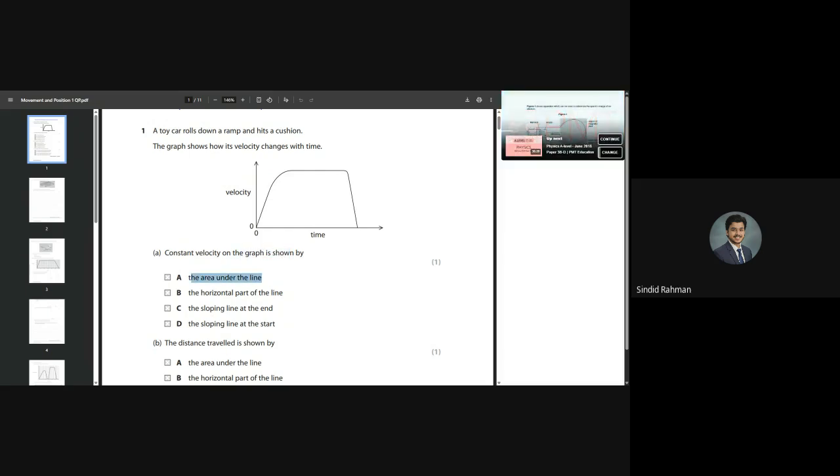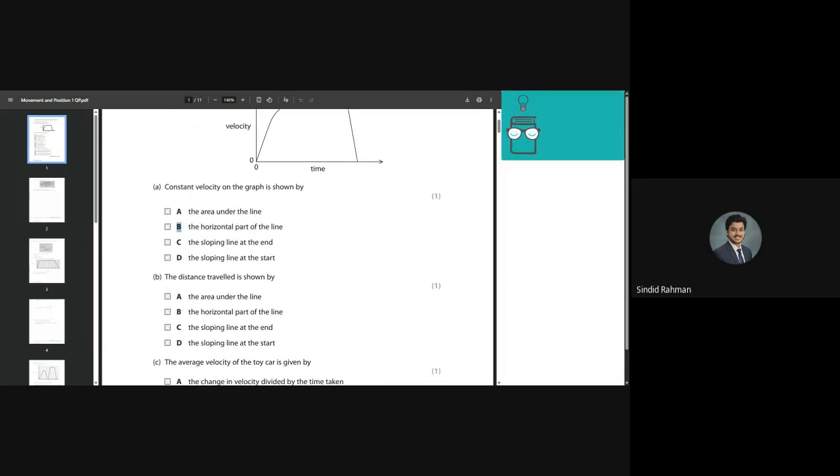The area under the graph, the horizontal part of the line, or the sloping line at the start? This gives me the constant velocity. This is the horizontal line, where the velocity is not changing. So the answer would be B.